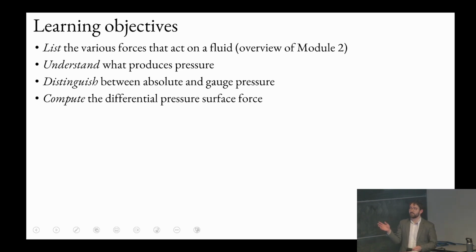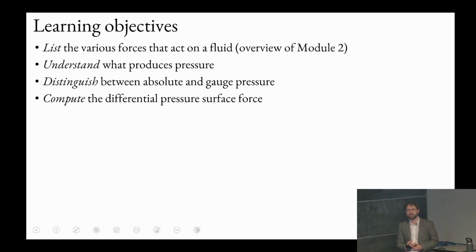So I'm going to list those various forces. I'm just going to give you a quick overview of F equals ma for a fluid today. We're going to understand the atomic scale or molecular scale effects. What happens on the molecular scale to cause a macroscopic effect of pressure that we feel. We'll talk about absolute and gauge pressure, which are 2 units or references that we use for pressure.